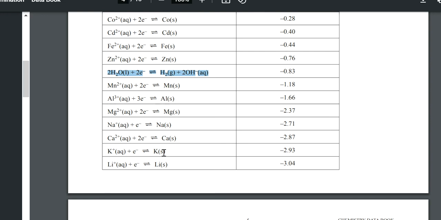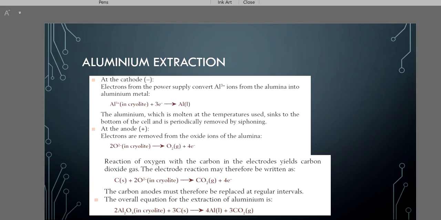Okay, so basically anything below here you're going to find is difficult to obtain in its normal form. So we do need some form of electrolysis to obtain sodium, calcium, potassium, and so on, and aluminium. And when we do so, water cannot be involved in that half reaction.